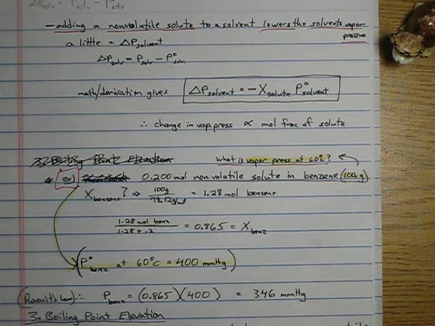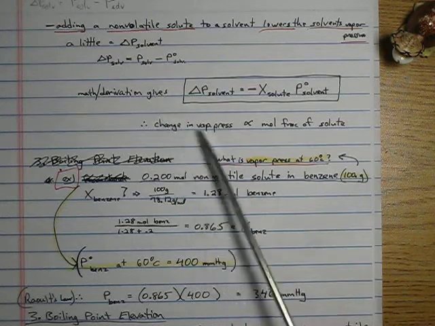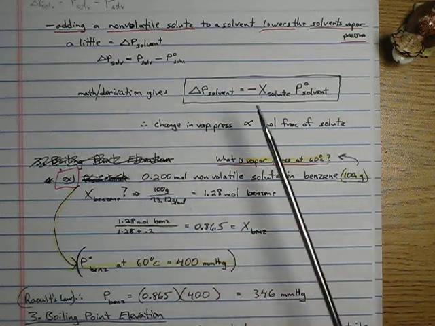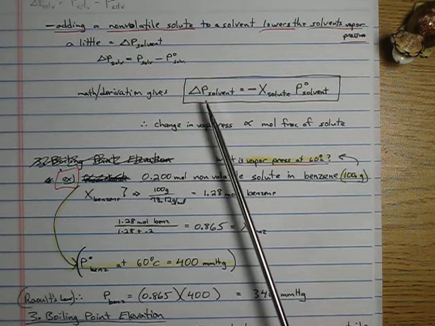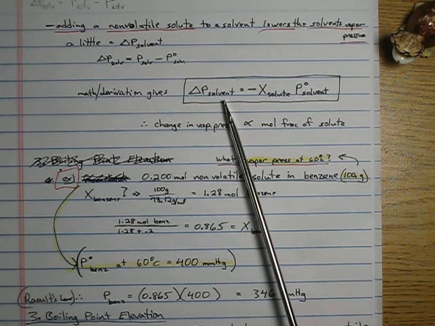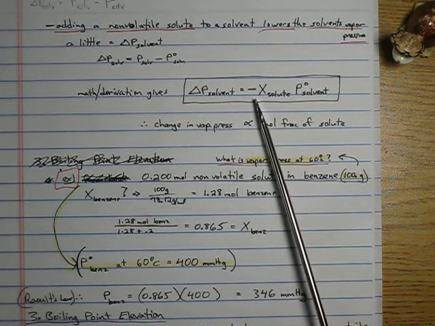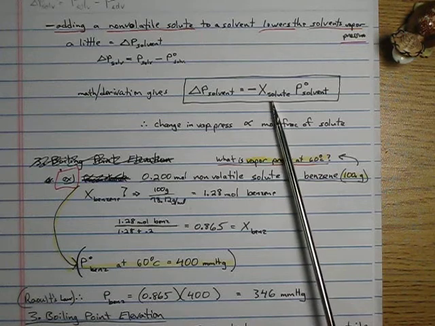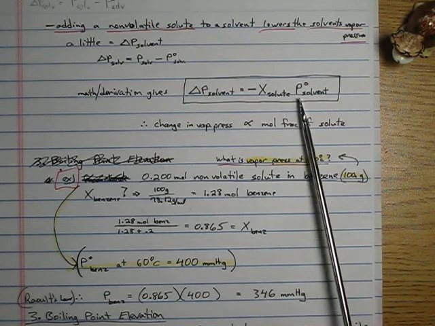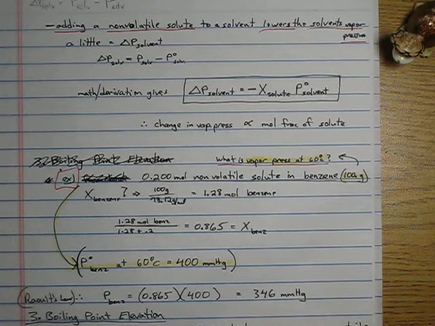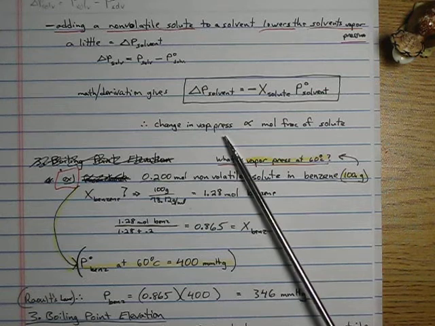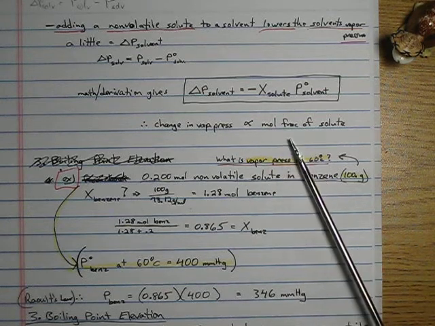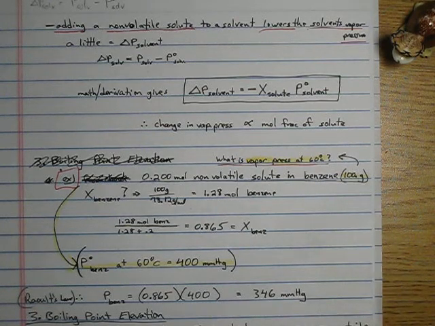And through some math we won't go into here, this Raoult's law can be looked at as the change in the vapor pressure of the solvent equals the negative mole fraction of the solute times the original vapor pressure of the solvent. All right. Meaning the change in vapor pressure is proportional to the mole fraction of the solute.